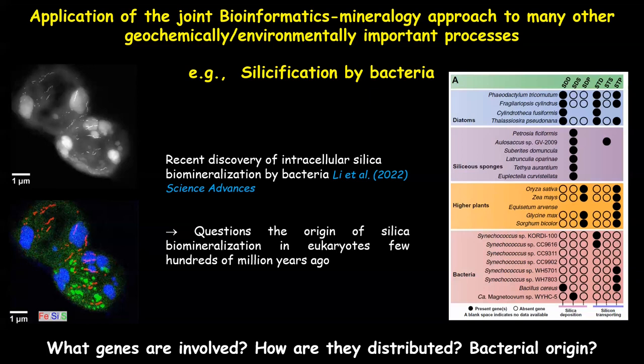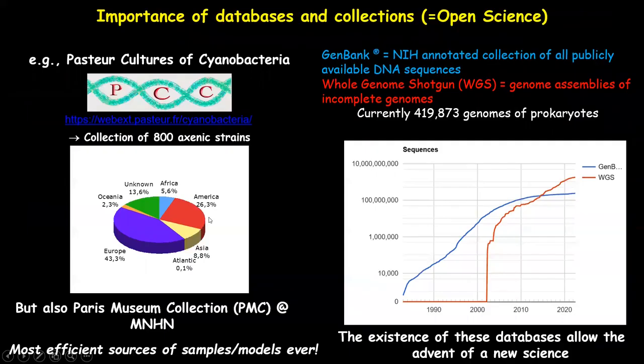Finding this capability in bacteria raises the question of whether that biomineralization appeared in bacteria beforehand, and then trying to understand how this might have been transferred to eukaryotes. But the question is what genes are involved, how they are distributed, and so on. So again, we need the kind of approach that I showed you.